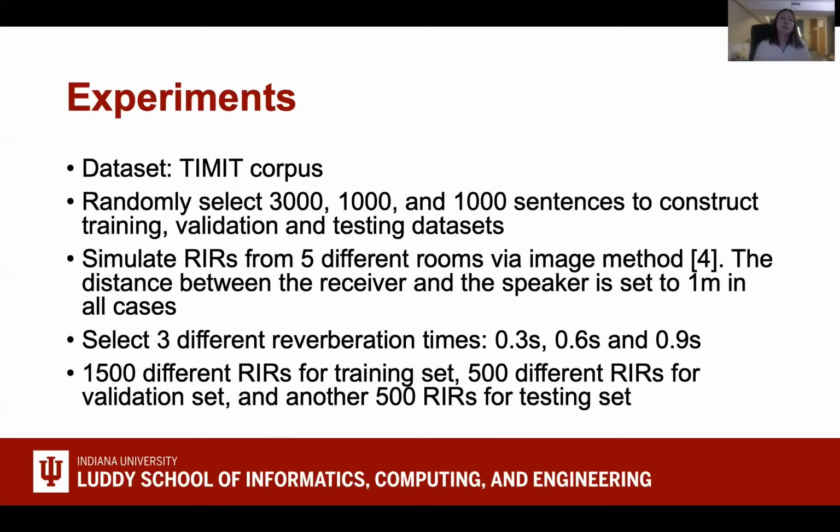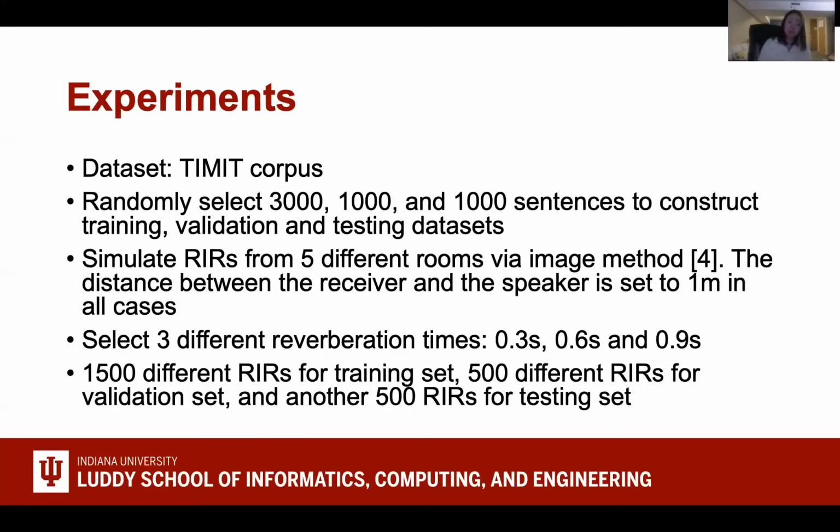Okay, for the experiment setup, we're using the TIMIT corpus as the data set, and randomly select 3,000, 1,000, and 1,000 sentences to construct the training, validation, and testing data sets. We simulate the room impulse responses from 5 different rooms with the image method. The distance between the receiver and the speaker is set to 1 meter in all cases.